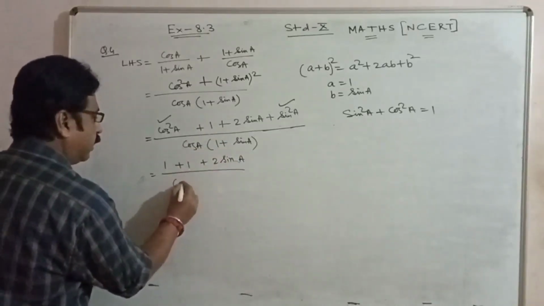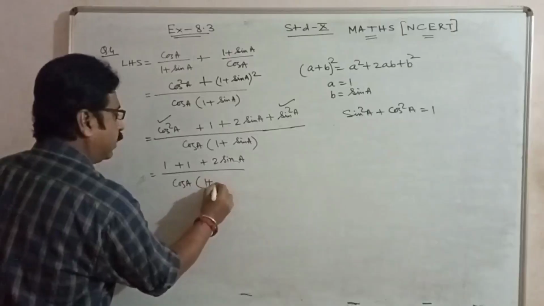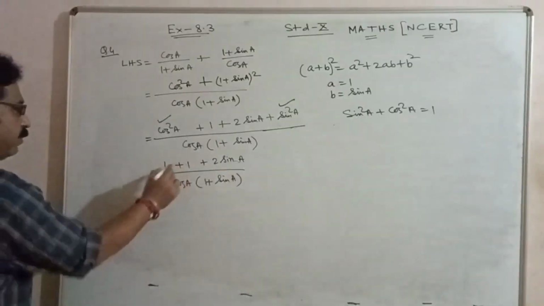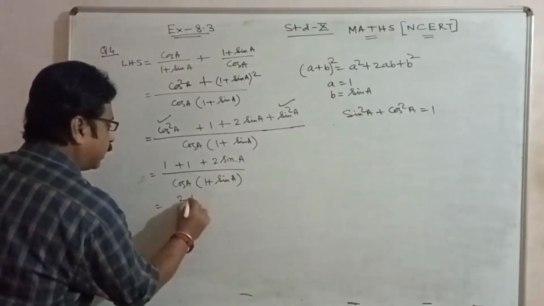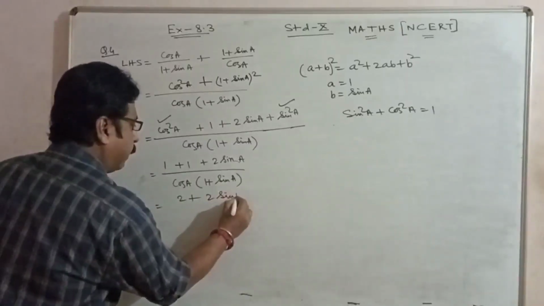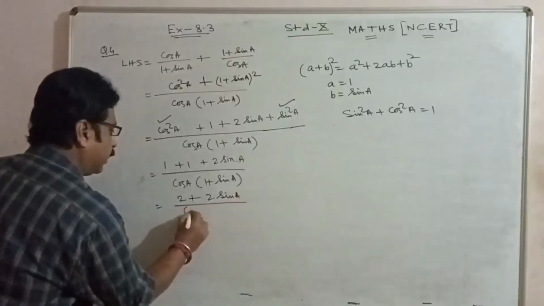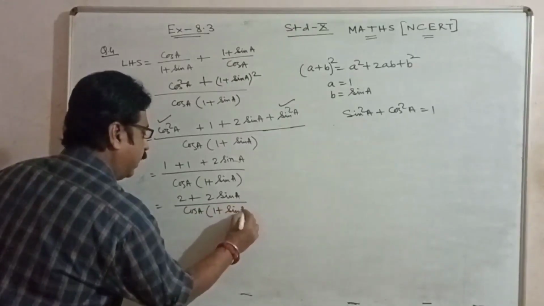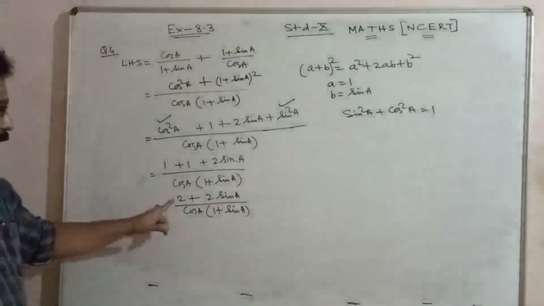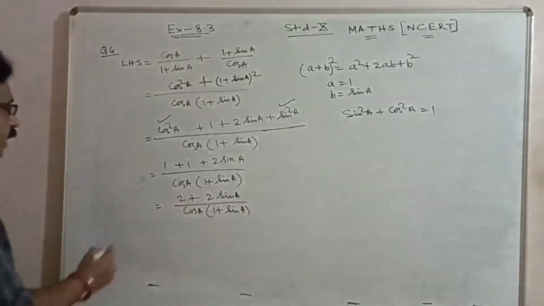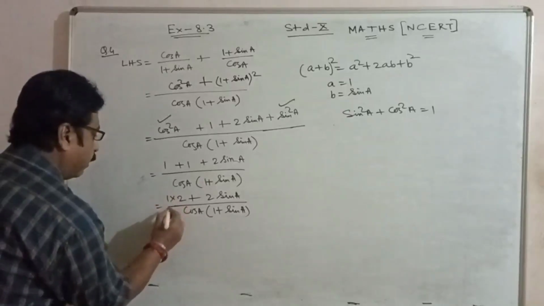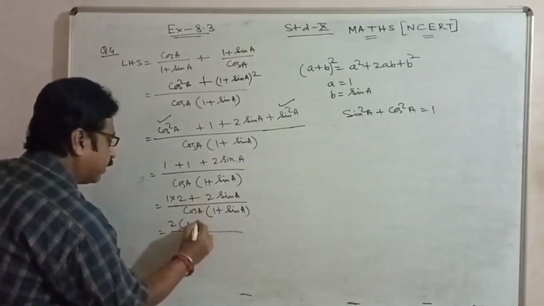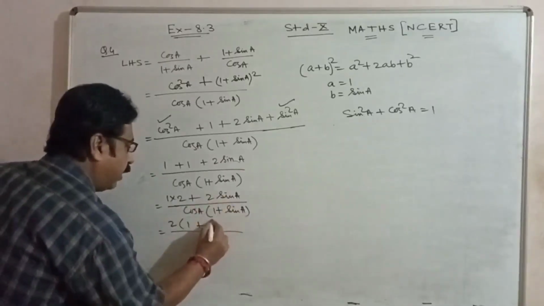Now the denominator is cos A into 1 plus sin A. This 1 plus 1 means 2 plus 2 sin A, over cos A into 1 plus sin A. 2 we can take common: 2 into 1, then 2 is common, 1 will be left, plus sin A will be left.